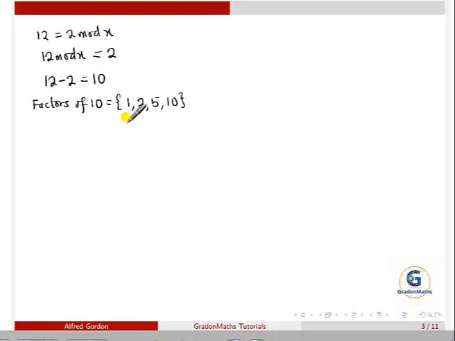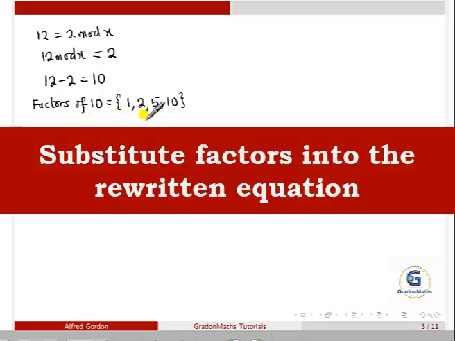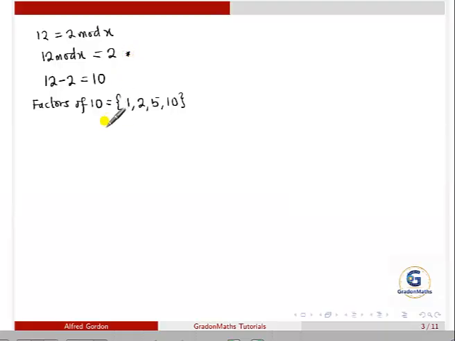Now the last thing that we are going to do here is to substitute each of the factors identified into our rewritten equation, and then we want to find out which of the numbers will give us the answer 2 when we replace it with x.